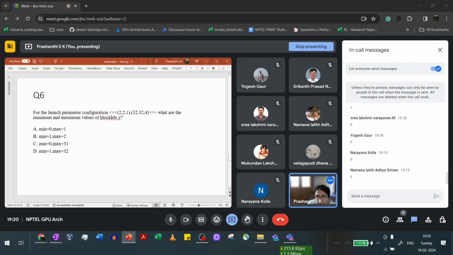For the launch parameter configuration, what is the maximum and minimum values of block ID x dot y?